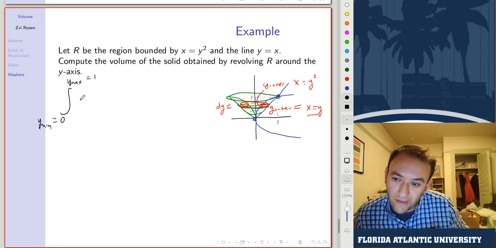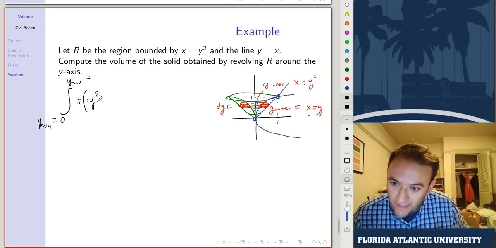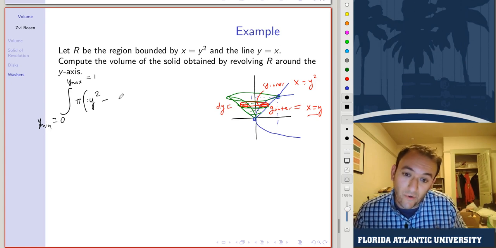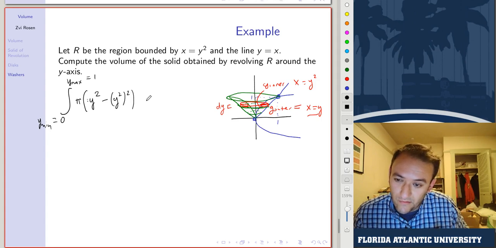And we're integrating pi times g outer. So in terms of y, this is just given by y. That's squared, minus g inner squared, which is y squared, squared, dy.